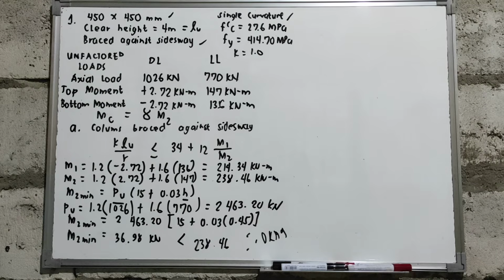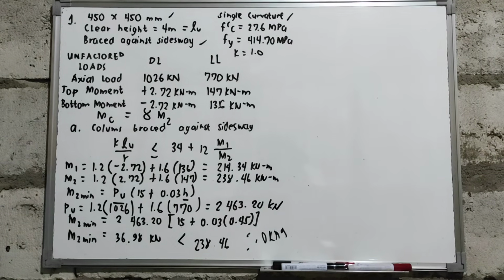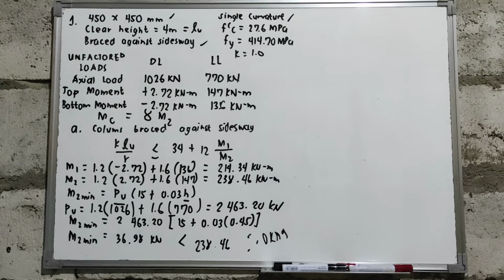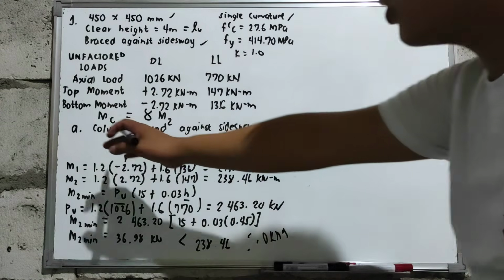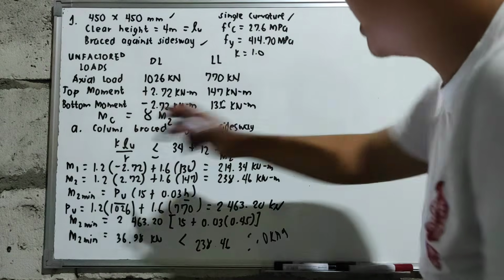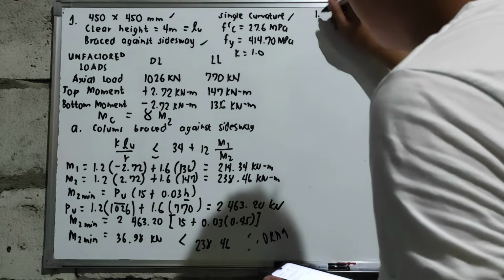So we have obtained the value of M sub 1 and the value of M sub 2. We have checked whether M sub 2 exceeds the minimum value. So we can now calculate whether our column is a long column or a short column. Our K, which is given here, is 1.0.